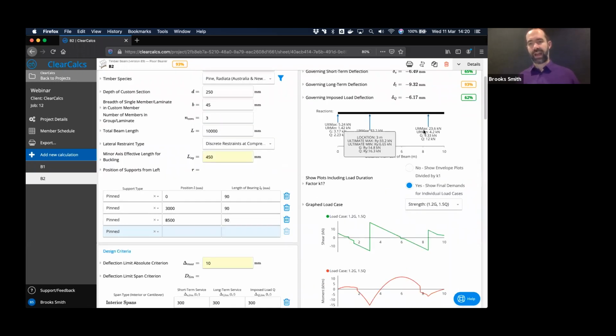We show you what the reactions are at each location. So ultimate maximum, ultimate minimum reactions, as well as your pure dead load and live load reactions. If you are unable to read anything, you can hover over the arrow and it's going to show you in a pop out exactly what those values are, but usually you can just read it off of the diagram.